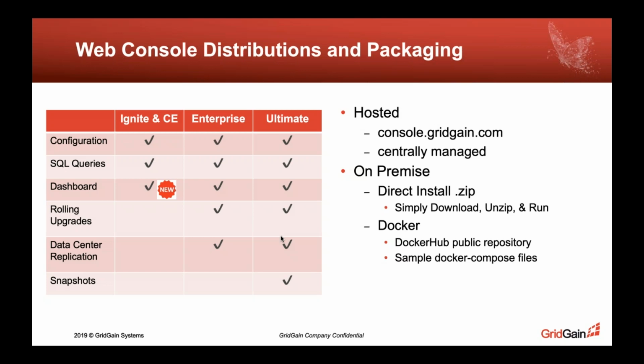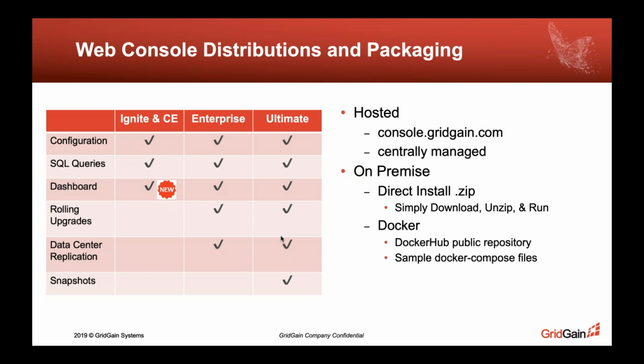So it was like we had 2 or 3 different versions of Web Console. Starting in this release, as part of this re-architecture that we underwent, now there's only one version of Web Console, totally free and easy to get access to in one of 3 ways.